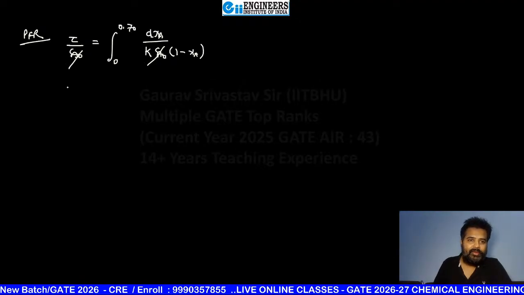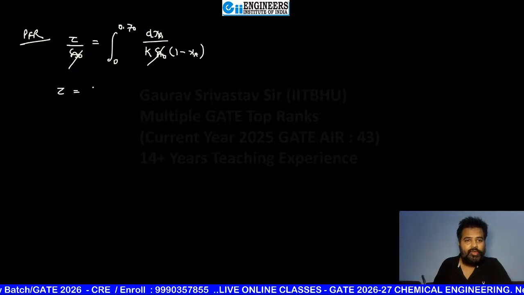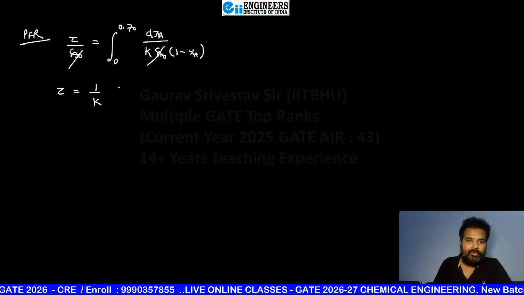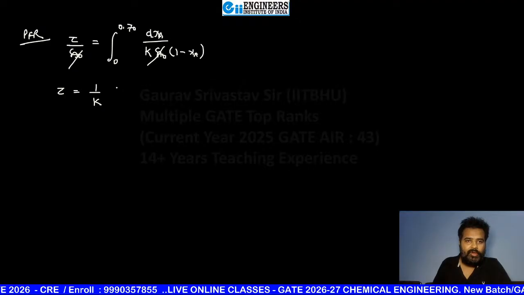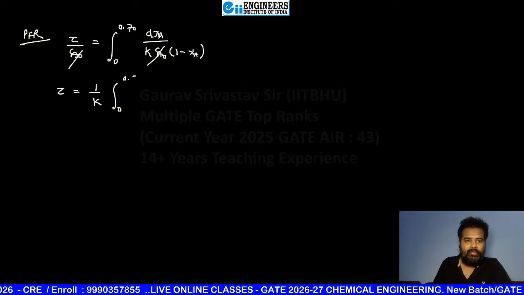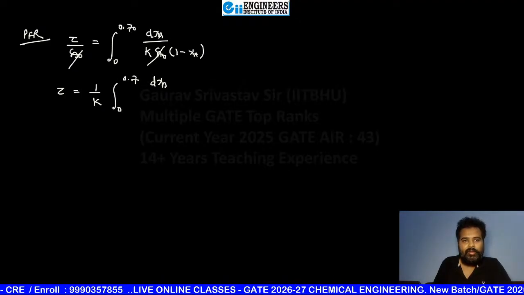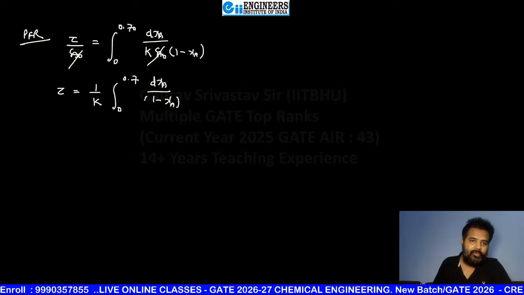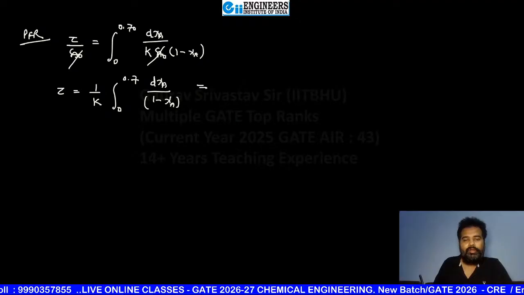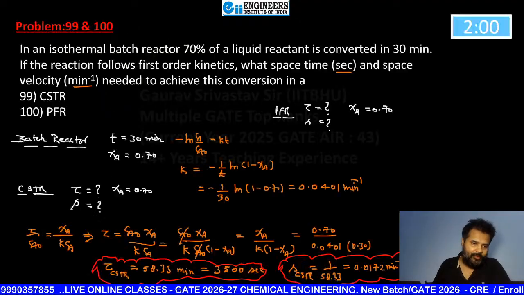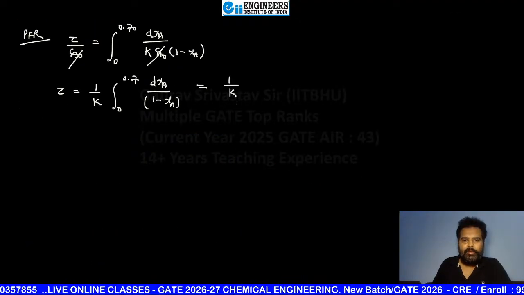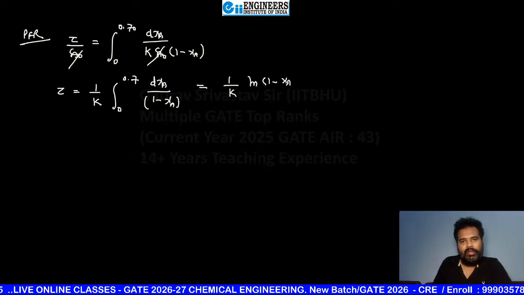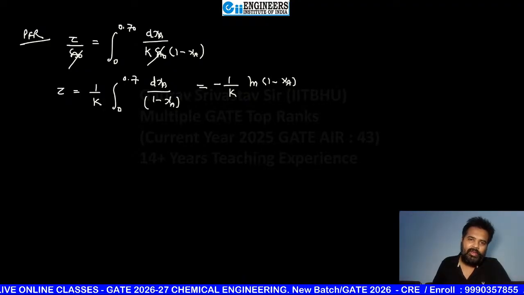C naught cancelled. So tau is equal to 1 by k, taking common, integral from 0 to 0.7 of dxa upon (1 minus Xa). Further moving, you know the value of k, put it in. Integration will give you ln of 1 minus Xa, and because 1 minus Xa is there, the minus will also come here.